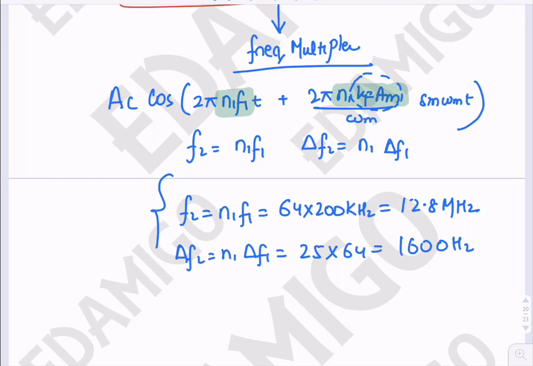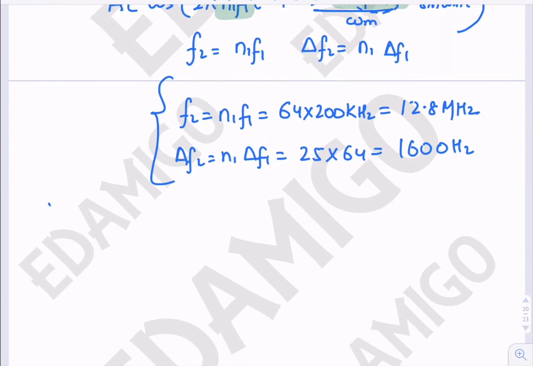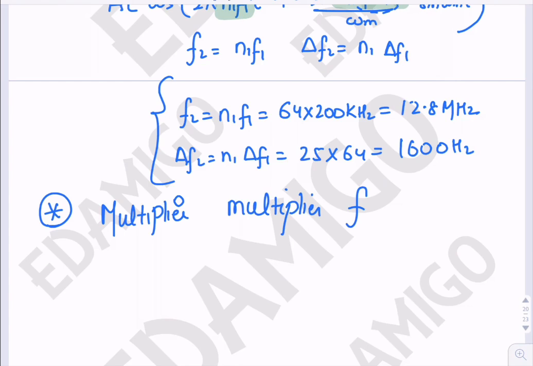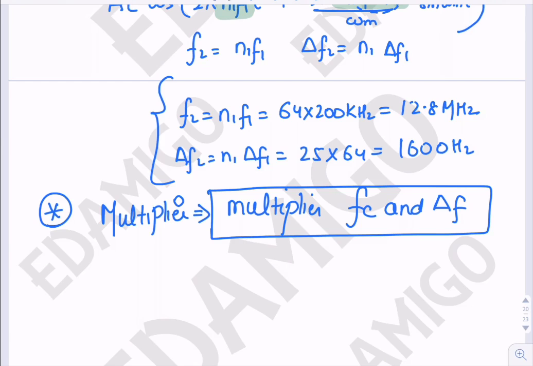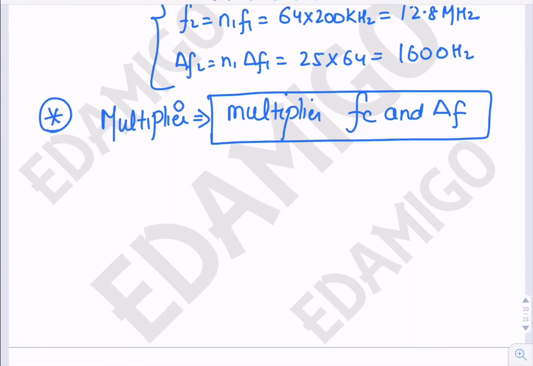So we can easily see that the concept is that a multiplier multiplies the carrier frequency and delta f both. So the multiplier will change both the carrier frequency and delta f.